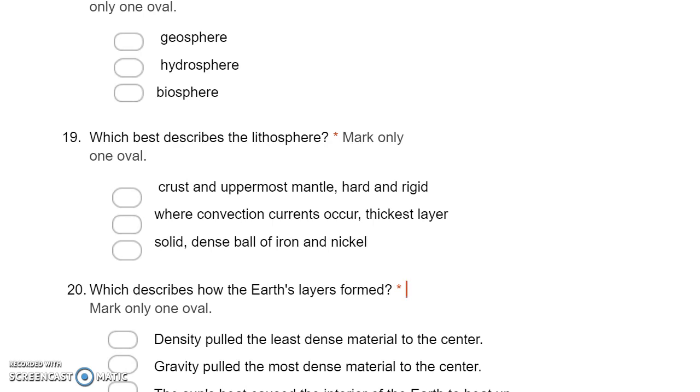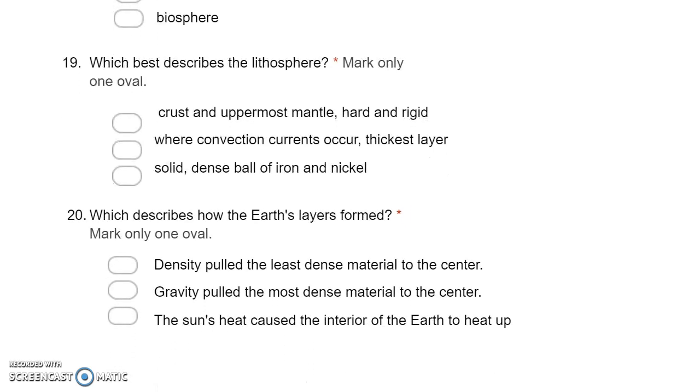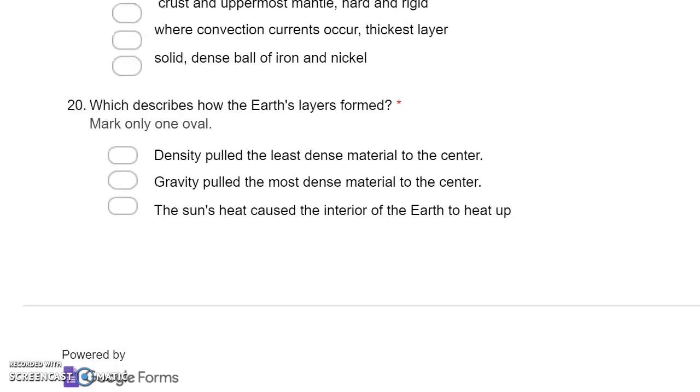Number 20. Which describes how the Earth's layers formed? Mark only one oval. Did the density pull the least dense material to the center? Gravity pulled the most dense material to the center? The sun's heat caused the interior of the Earth to heat up? And that's your final question.